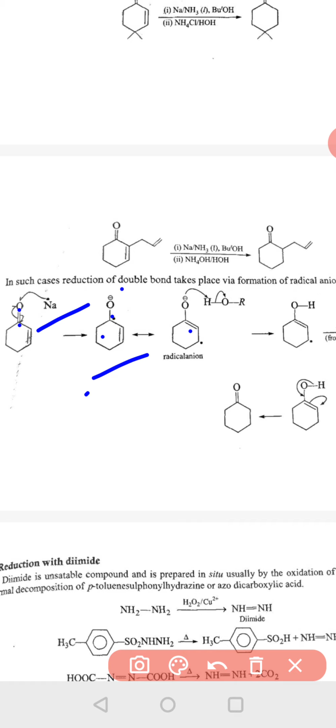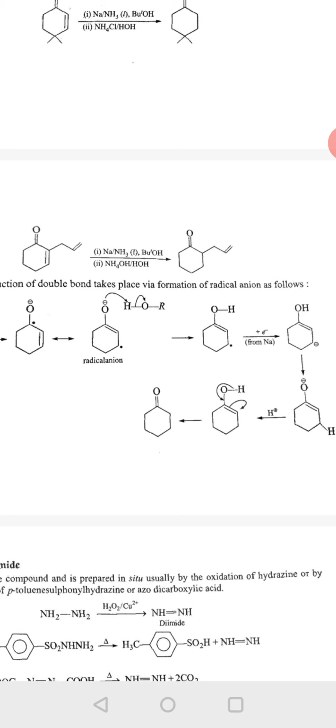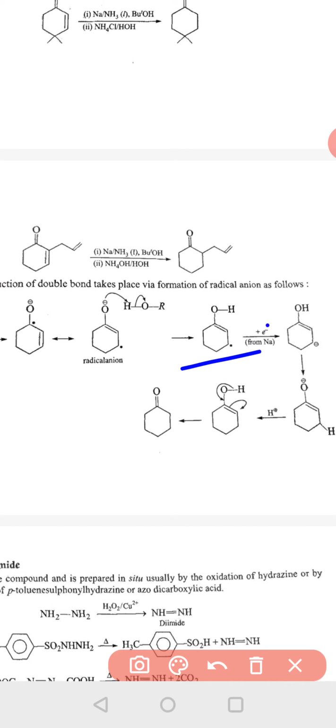In the next step, abstraction of proton occurs and we get this free radical. Again, transfer of one electron from sodium takes place and we get an anion at this site. The H+ from this oxygen gets transferred to the anion at this site. So this hydrogen from oxygen gets attached to this carbon here.